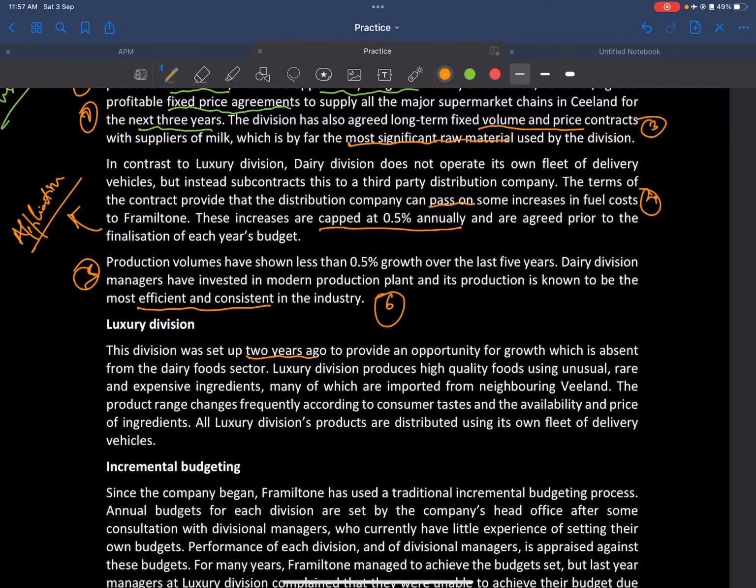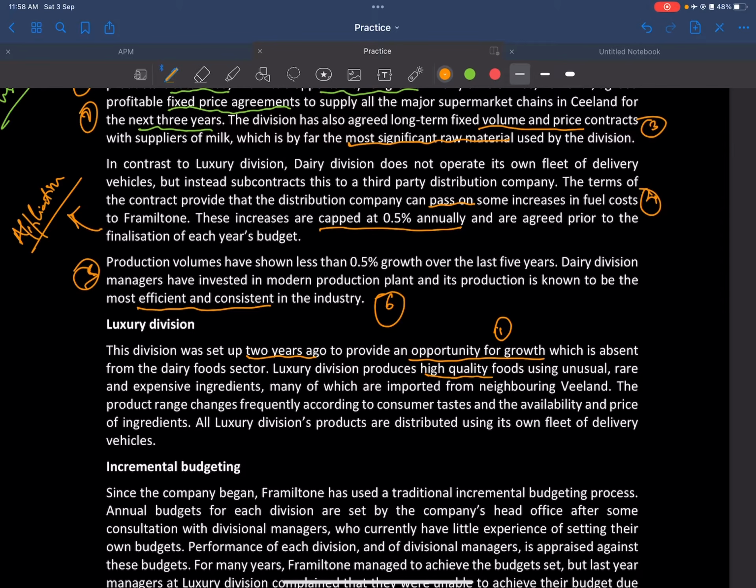So to provide more opportunities for growth, which is absent from the dairy food sector, right? So that was an opportunity of growth because the market was saturated, there was no growth happening. So growth is important, right? So that is one very important point right over there.